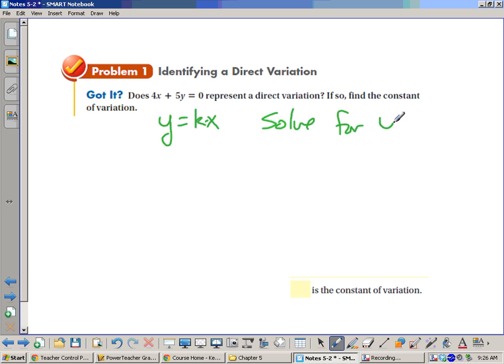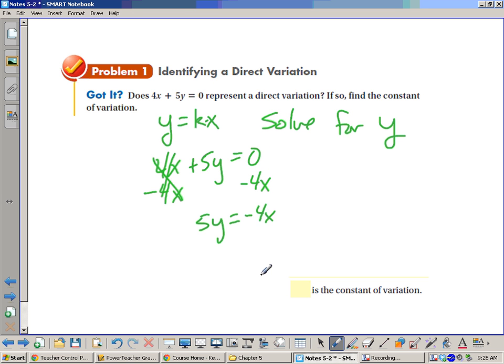So solve for y. If we take 4x plus 5y equals 0, we need to subtract 4x so that this goes away and we get 5y equals 0 minus 4x, which is negative 4x. The last thing we would do is get rid of multiplying, so we divide.